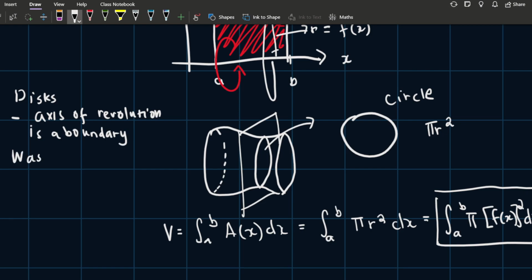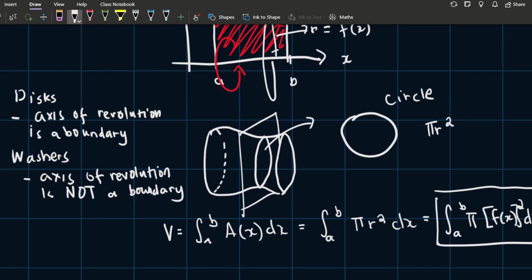And then for washers, this is when the axis of revolution is not a boundary. Okay? So kung iisipin natin, ano ba ang itsura ng disk ay yung, well, pwede nyo isipin yung ginagamit nyo sa Ultimate Frisbee. No? Yung washers naman, pwede nyo itong isipin na yung lumang 5 centavo coin. Okay? Or mukha siyang ring, mukha siyang donut.